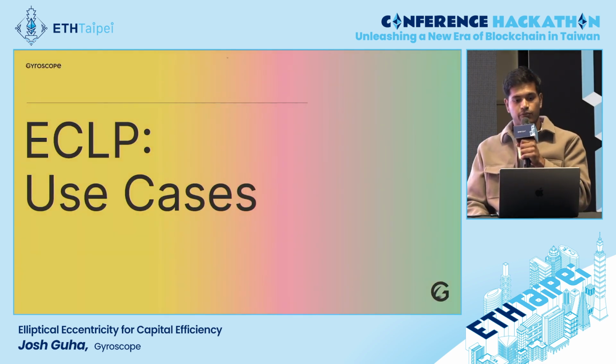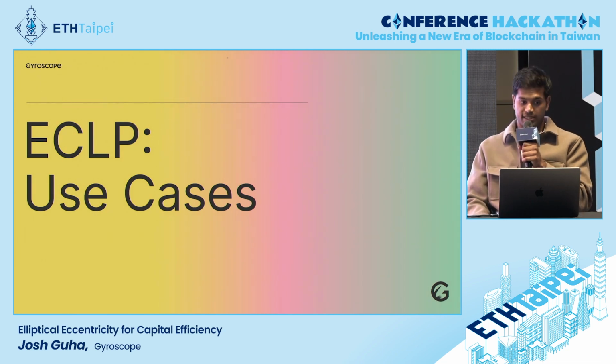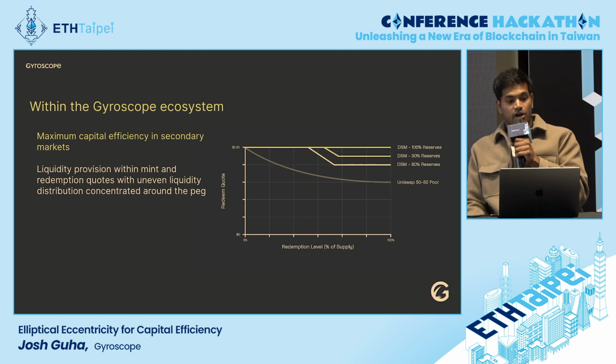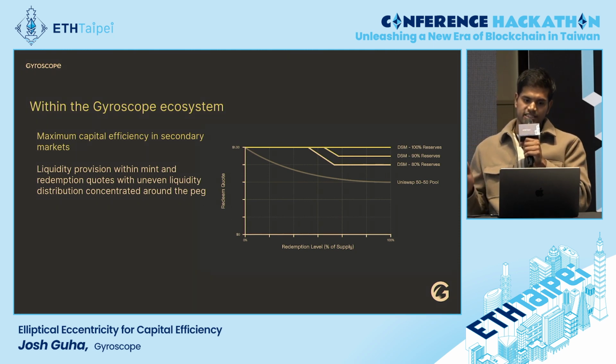Okay, rounding things off, we'll talk about the ECLP's use cases. So the ECLP is currently heavily featured in the Gyroscope ecosystem. In the secondary markets for the GYD stablecoin, where trading is expected to occur between the price bounds set by the primary market's mint and redeem quotes, liquidity can be concentrated around the peg level of 1.